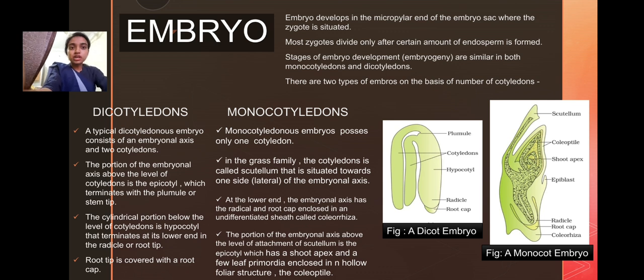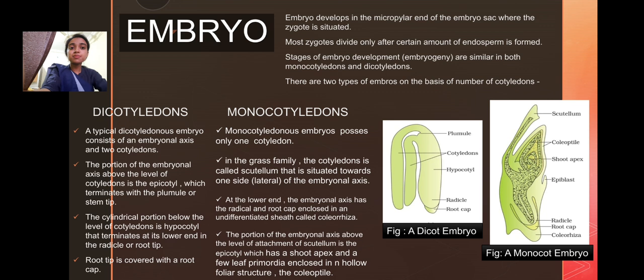Now the monocotyledons. A monocotyledonous embryo possesses only one cotyledon, as the name suggests. In the grass family, the cotyledon is called the scutellum, which is situated towards one side, that is the lateral side, of the embryonal axis. At the lower end, the embryonal axis has the radicle and root cap enclosed in an undifferentiated sheath called coleorhiza.